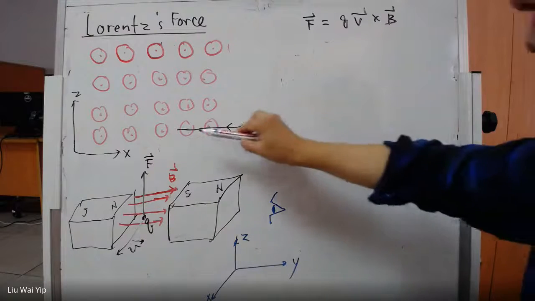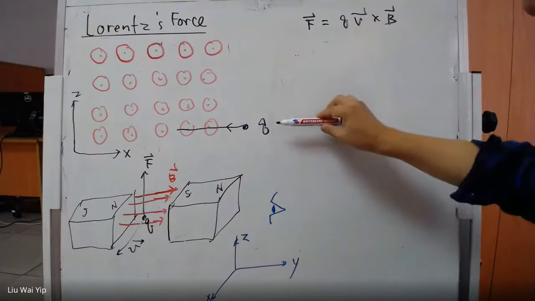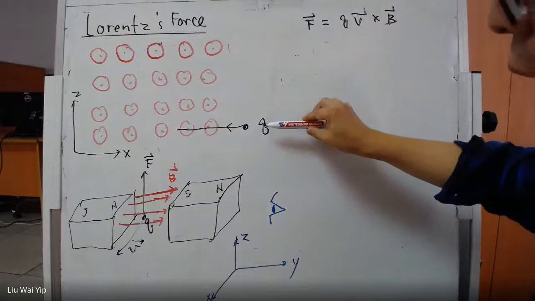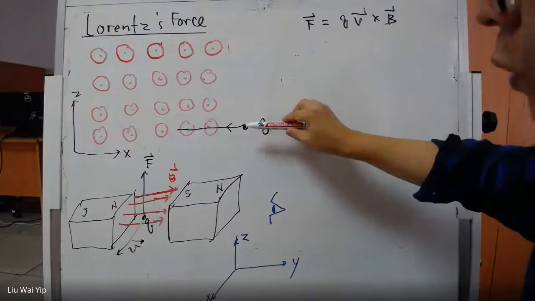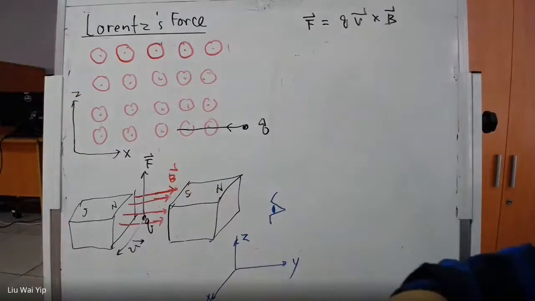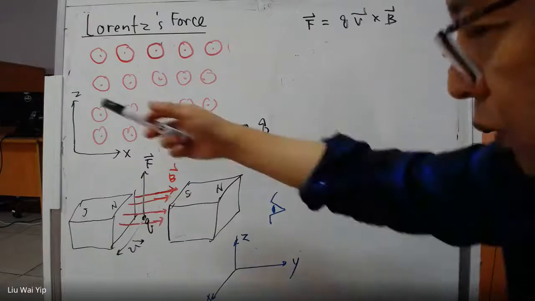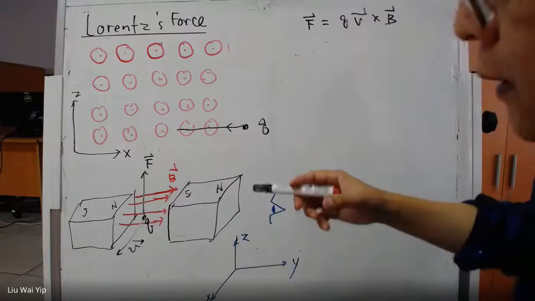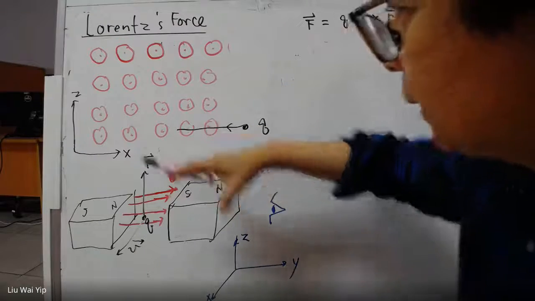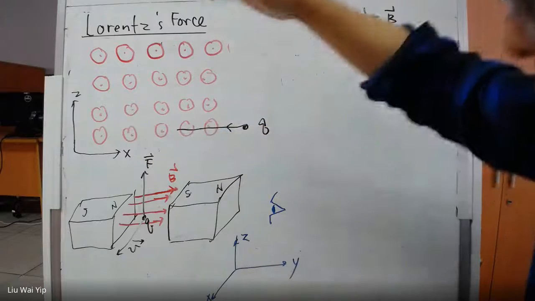So the charged object Q is not going to move in the x direction only, but instead, as it moves further to the left, its height is going to be higher.